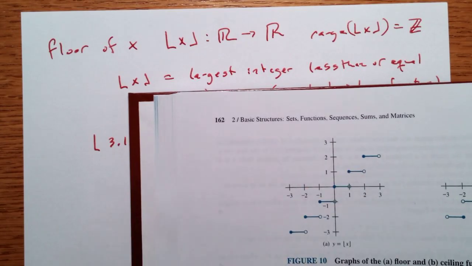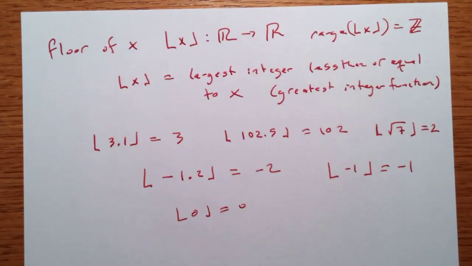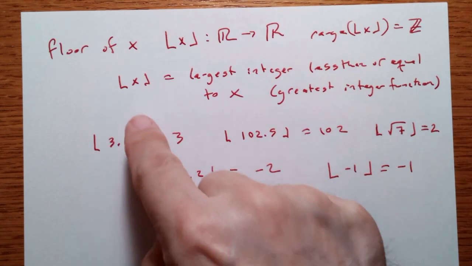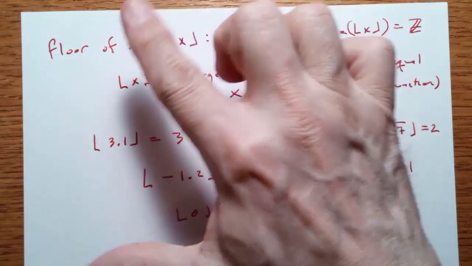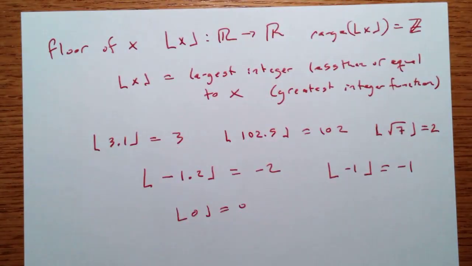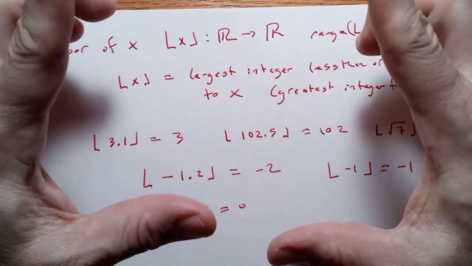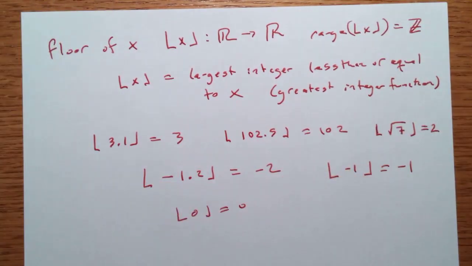This is called a step function. I hope the reason for that is really obvious. By the way, that's why these brackets are L shapes. You're really taking a pair of brackets and just taking the bottoms, the floors.